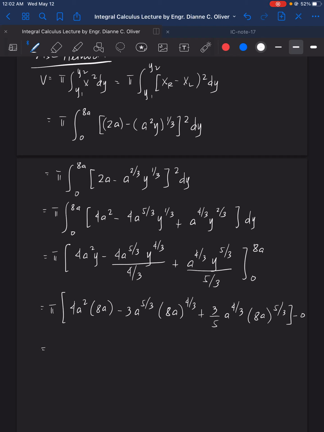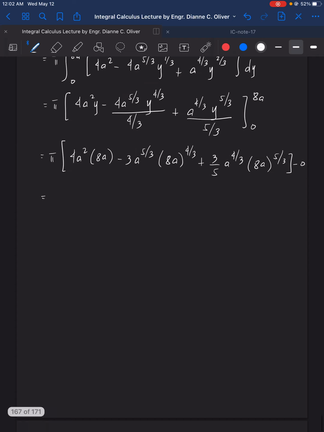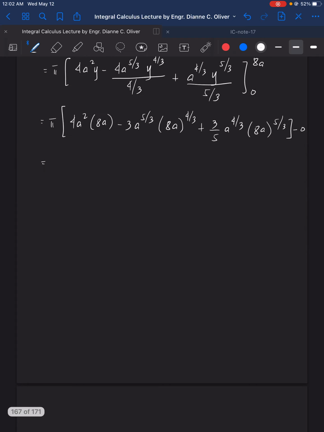So that is equal to, so that becomes 32. So that is 32 pi a raised to 3 minus 48 pi.